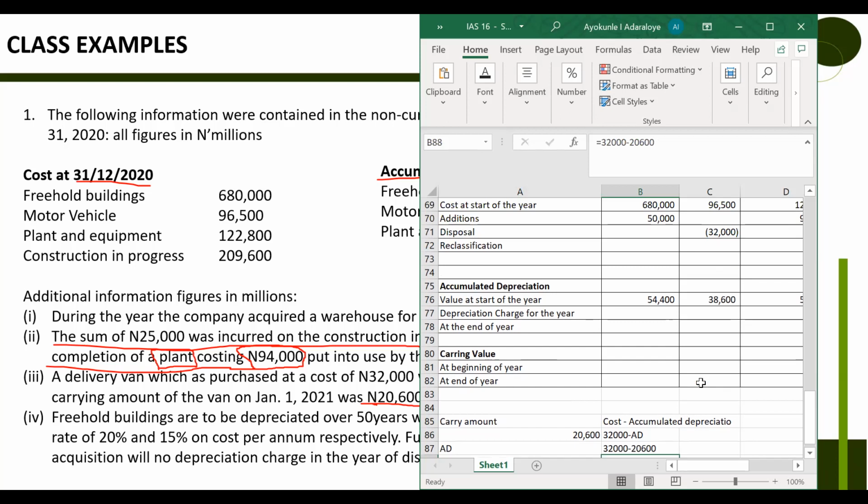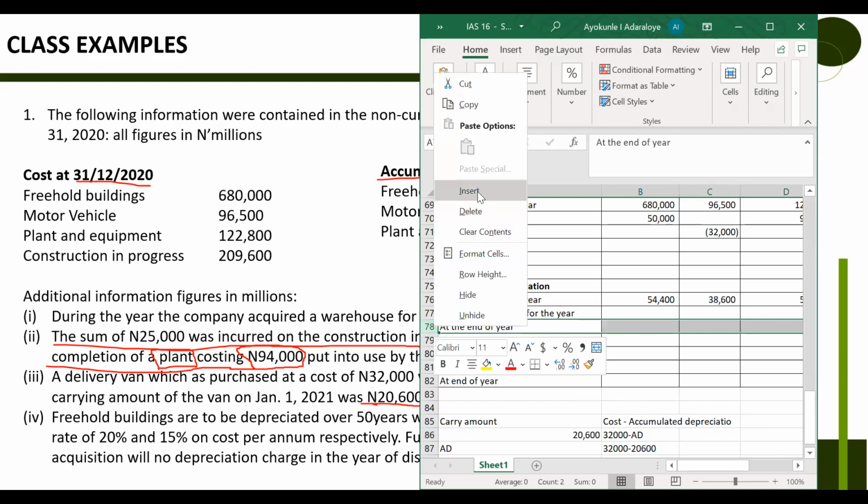So that means that during the year, we have actually taken 11,400 on accumulated depreciation on that asset that we disposed.